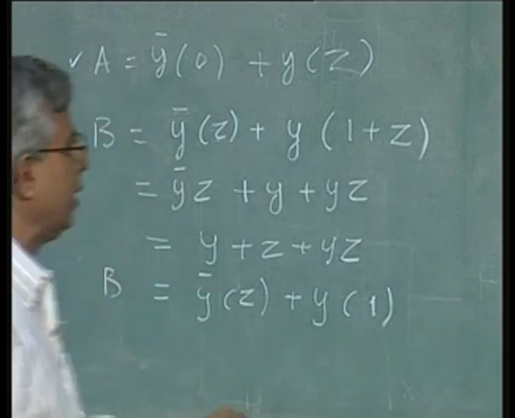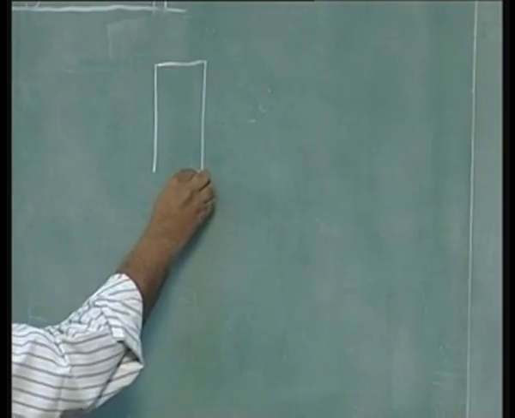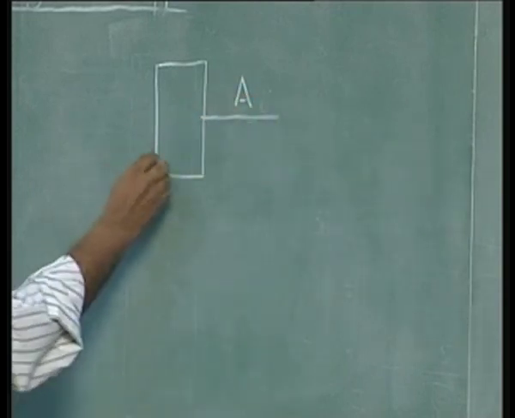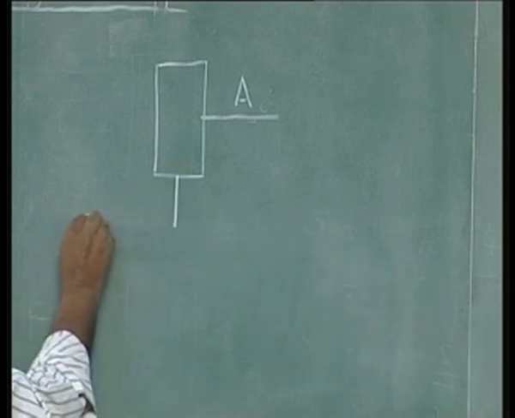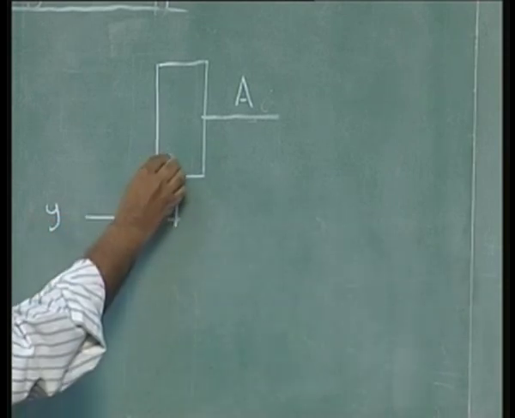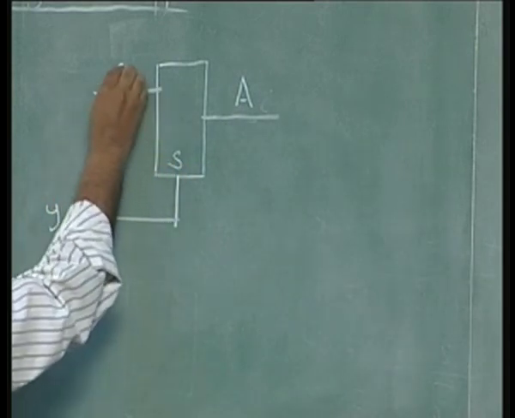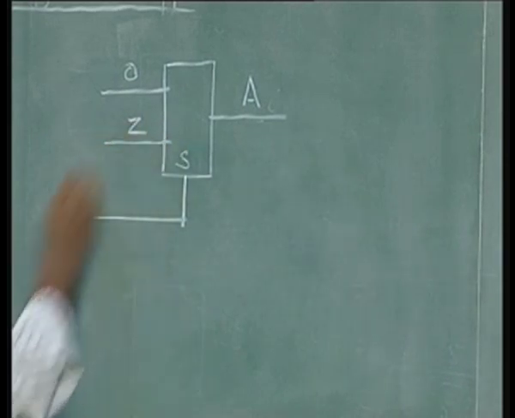So, it can be implemented in the first stage as follows: the a function will be obtained by giving y as the selector variable, 0 as the first input and z as the second input.